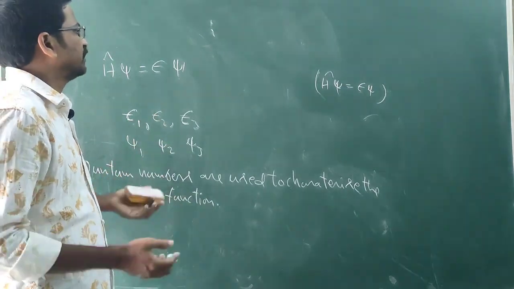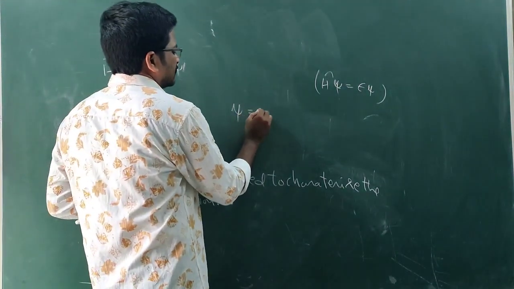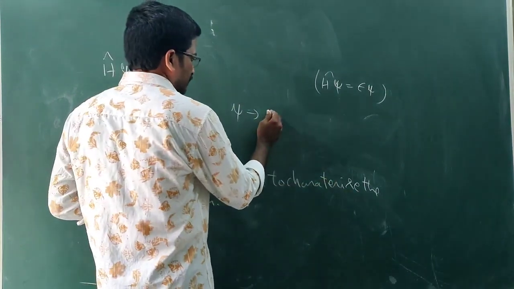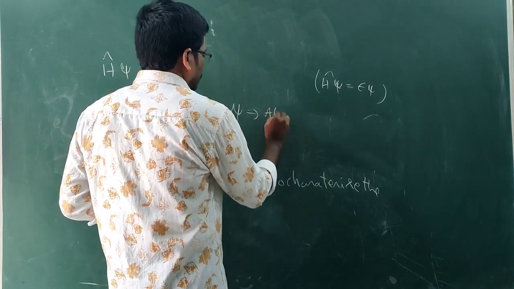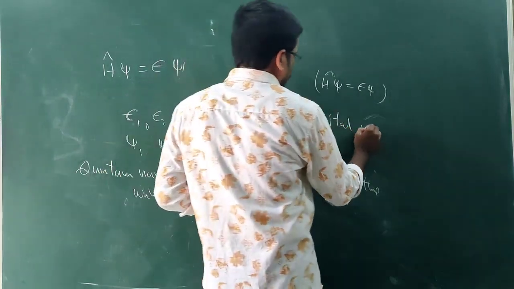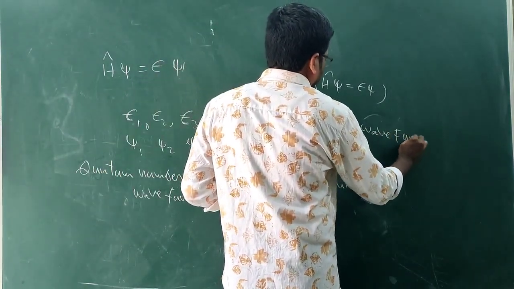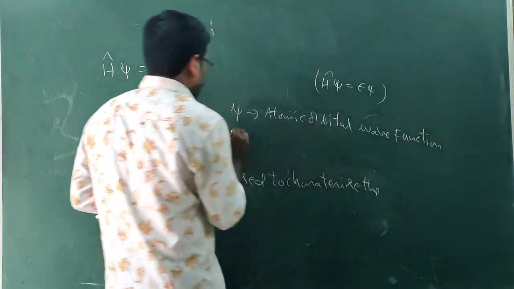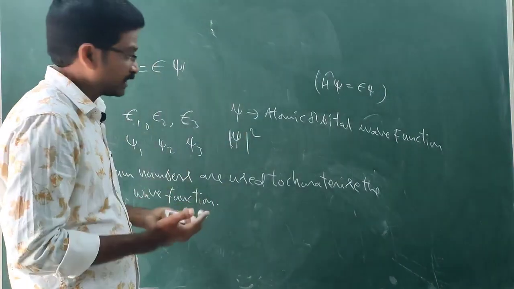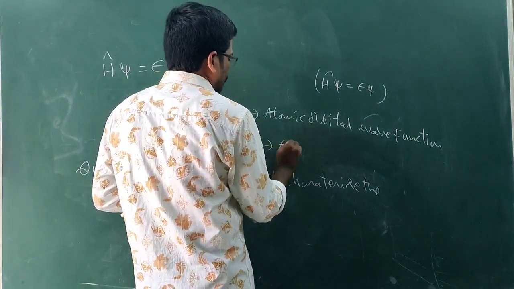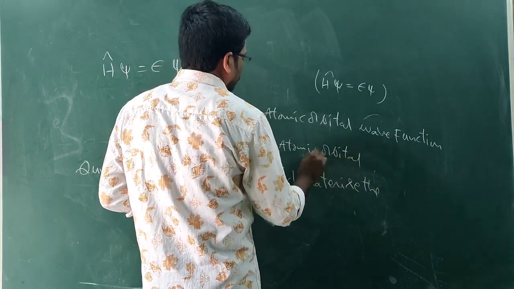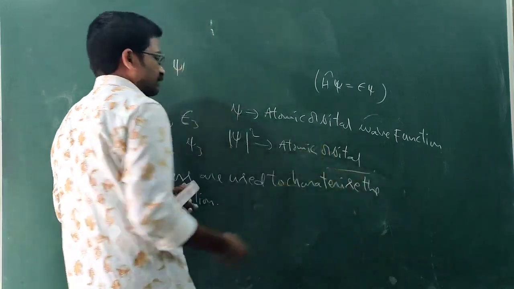Finally, what we know, psi is a wave function. What is the meaning of atomic orbital wave function? Psi is the atomic orbital wave function, whereas modulus psi square represents the atomic orbital. These are the differences between these two.